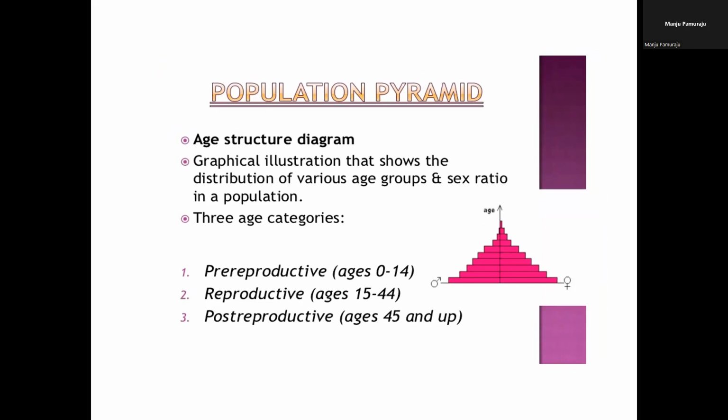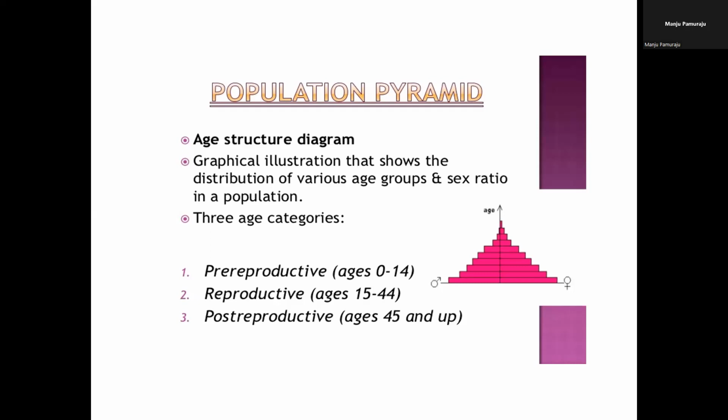The pre-reproductive phase is the 0 to 14 years age group, generally called young people. Reproductive means middle-aged people, 15 to 44, and post-reproductive is old age. So these are the three types classified by Bodenheimer: pre-reproductive, reproductive, and post-reproductive phases.